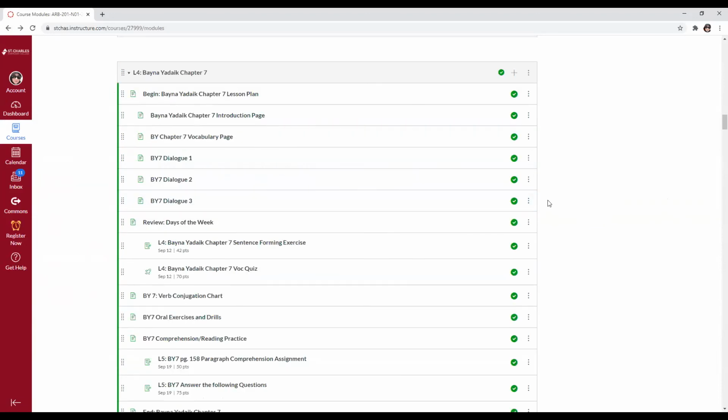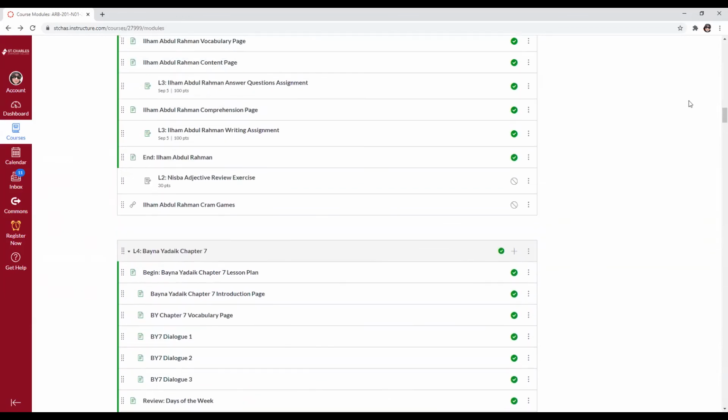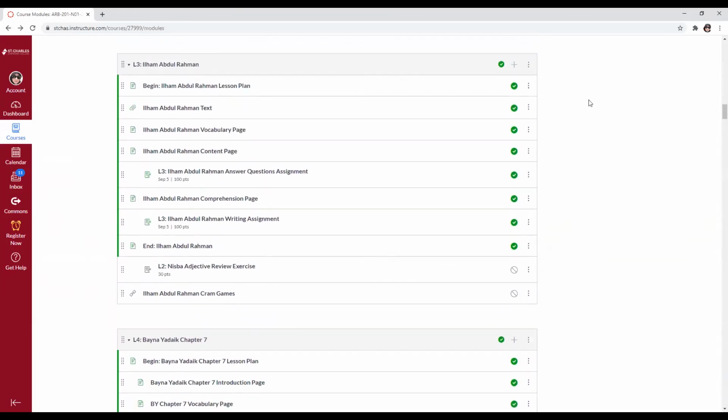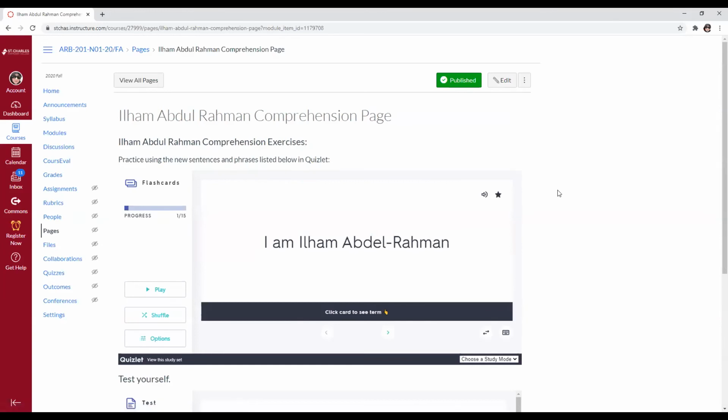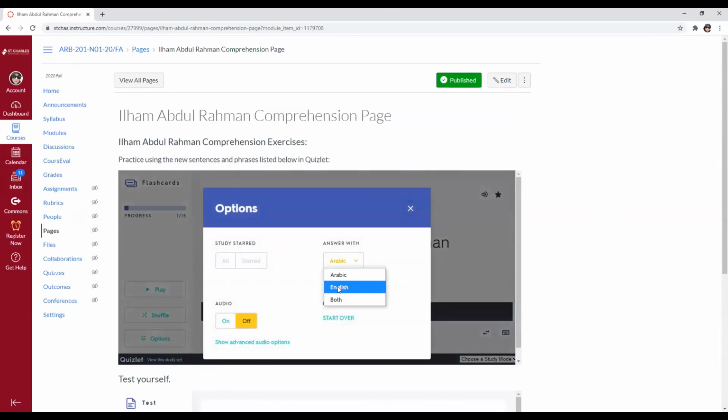I also want to show you on here, because there's always extra information. On the comprehension page, this is good. Going through the text, you can print off the text, and on the comprehension page you have sentences from the text.